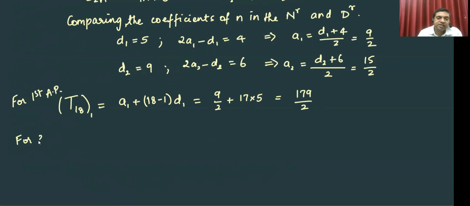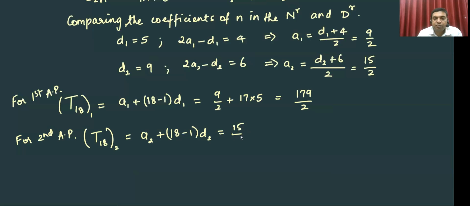Now for the second AP, the 18th term is a2 plus n minus 1 times d2. So 15 by 2 plus 17 into 9.